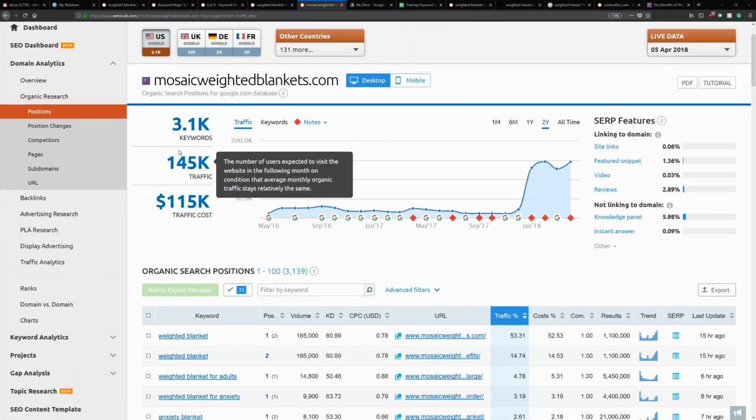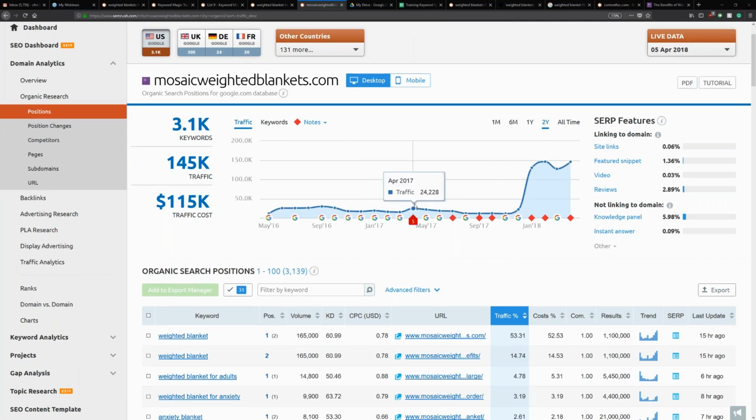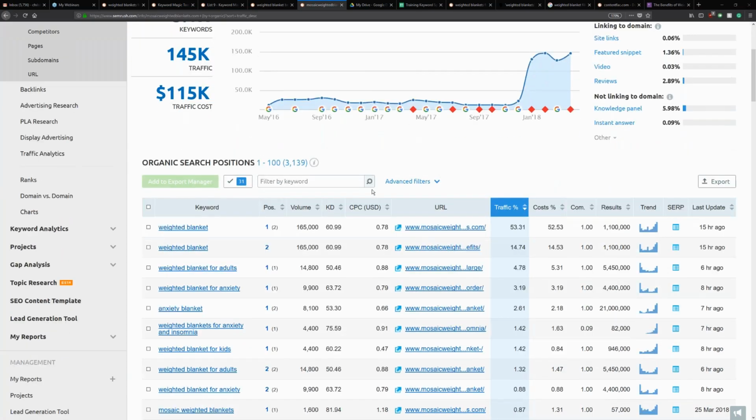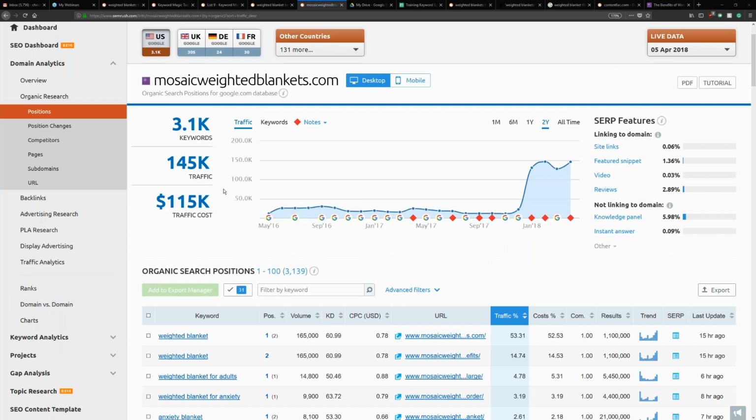How it calculates this is specifically a combination of ranking, so where they're ranking, and the theoretical amount of click-throughs. I believe only first page positions are really counted towards the traffic cost, for the simple reason that if you're paying for an ad, that's what you're paying for.